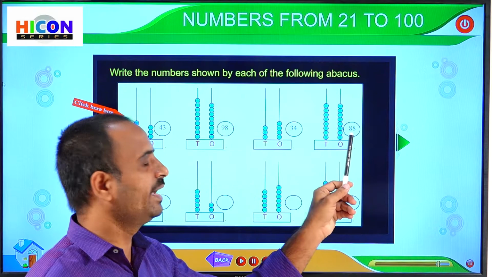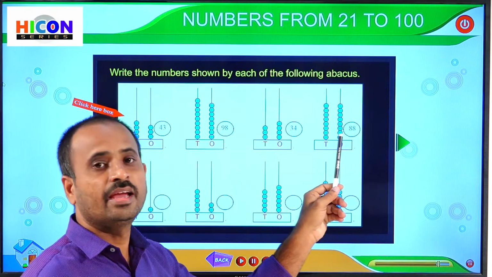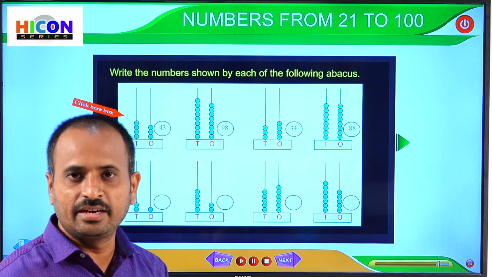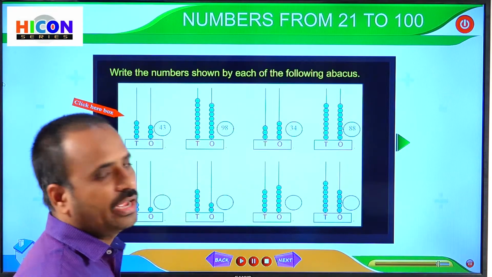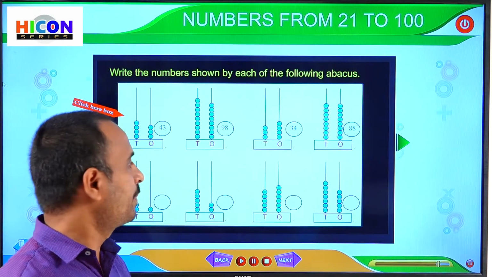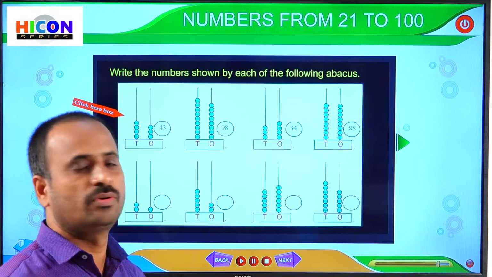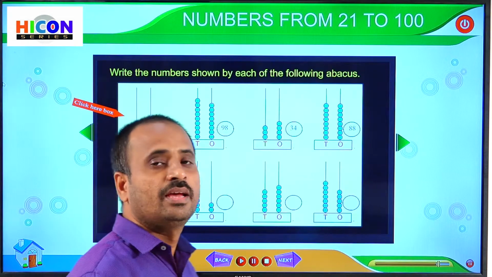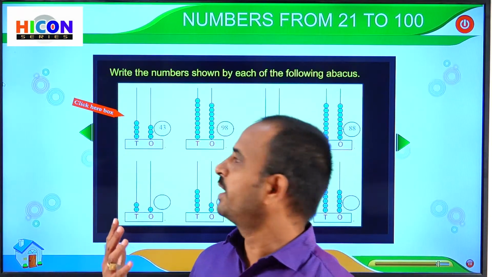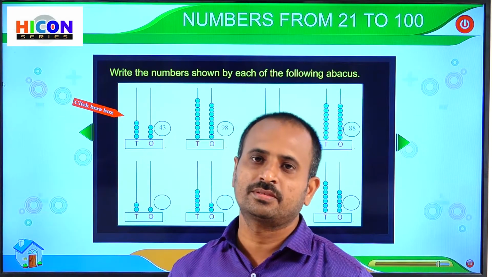So the number is 8, 8. That is 88. So children, in this way we can write the numbers from the given abacus. There are some problems for you to practice at your home as your homework. So children, this is the way of writing numbers from the given abacus.